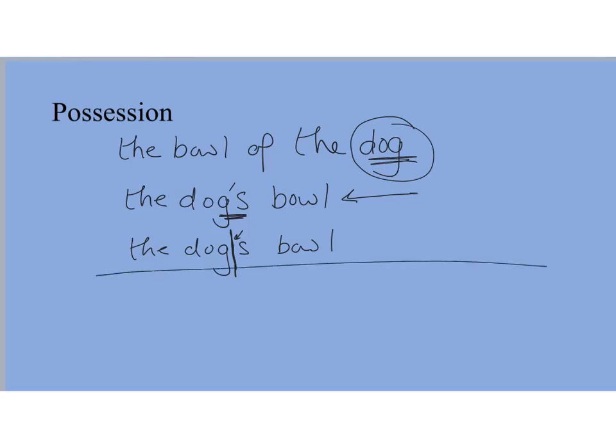If in the second example you want to say the bowl of the dogs, when you turn it round, it's still the dogs' bowl, but because it's the bowl of the dogs, you stop speaking there, so the apostrophe goes after the S.